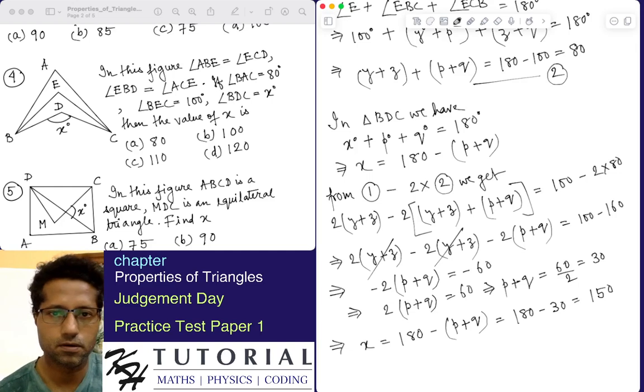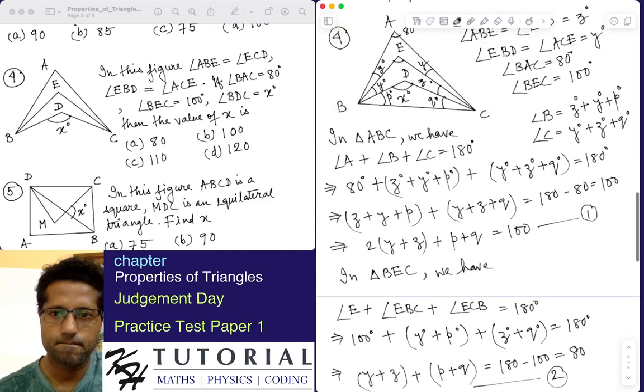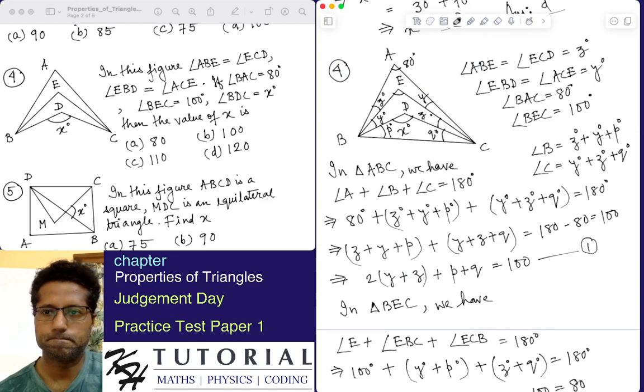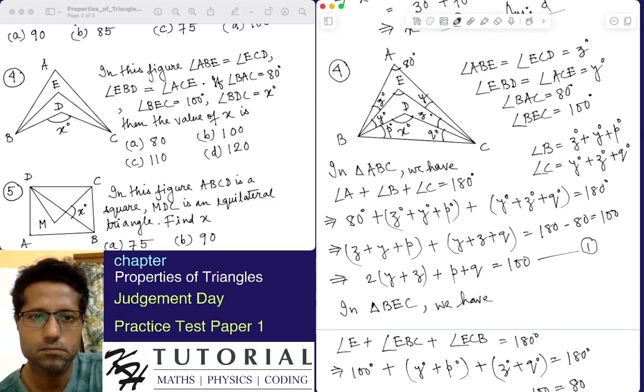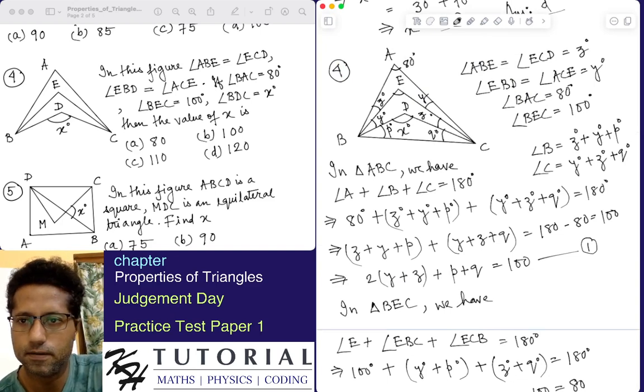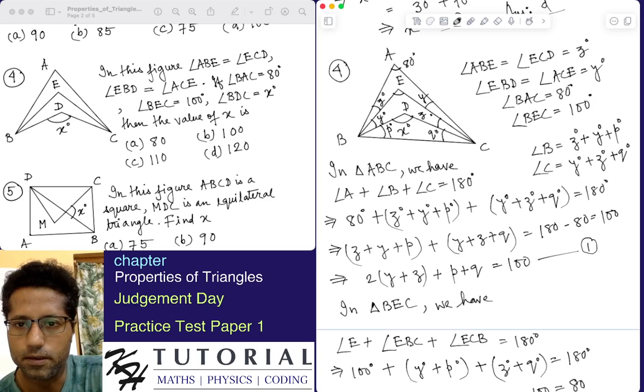So let's see what went wrong. Angle ABE is equal to angle ECD, so angle ABE equals angle ECD equals Z. Angle EBD is equal to angle ACE, which we have considered to be Y. Angle EBD is Y, and angle ACE is Y. Okay, BAC is 80 degree, and BEC is 100 degree.